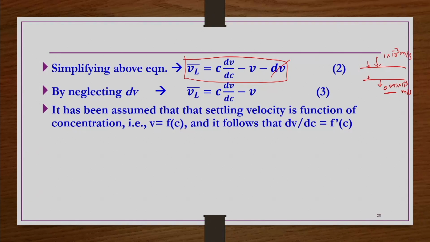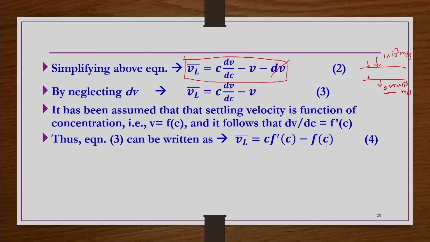It has been assumed that the settling velocity is a function of concentration, that is, V is a function of C, as we have seen at the beginning itself. From this we can find that dV by dC is going to be another function of concentration only. So, in terms of f of C and another function of C for dV by dC, we write VL bar is equal to C f prime C minus f C. Here f prime C is nothing but dV by dC, which is a function of C only.